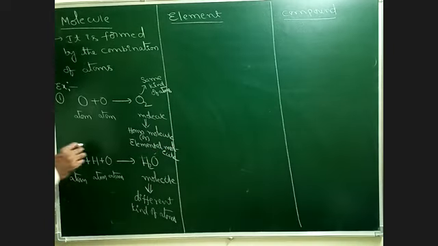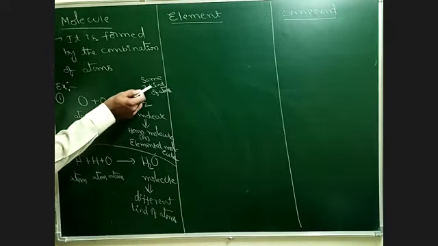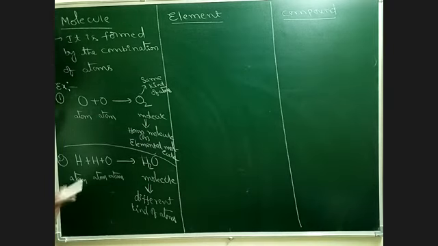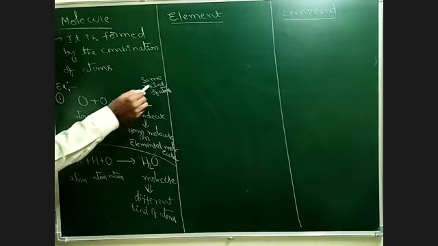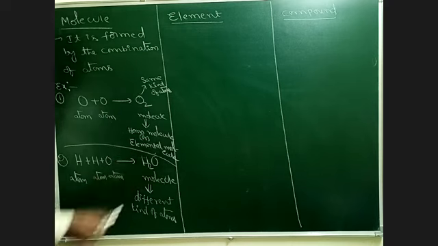I will explain why it is called an elemental molecule. Element contains the same kind of atoms. This substance contains the same kind, therefore it is called an elemental molecule. I repeat: in the oxygen molecule all atoms are the same, therefore it is called a homo molecule, also known as an elemental molecule.